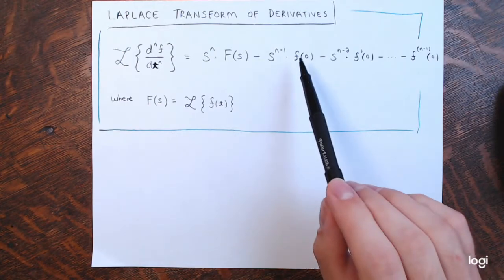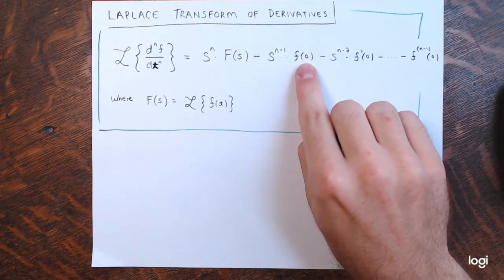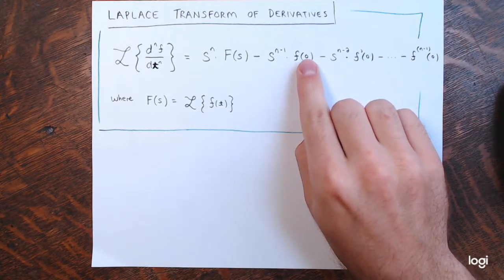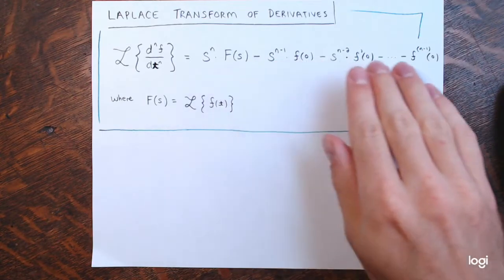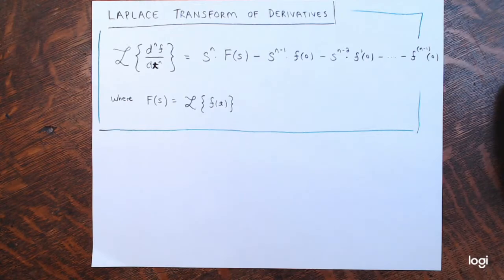So hopefully you see from this why the initial value problems we can solve with Laplace transforms will involve initial conditions where the function and its derivatives are evaluated at 0 only, because those are the only things that show up in this formula.